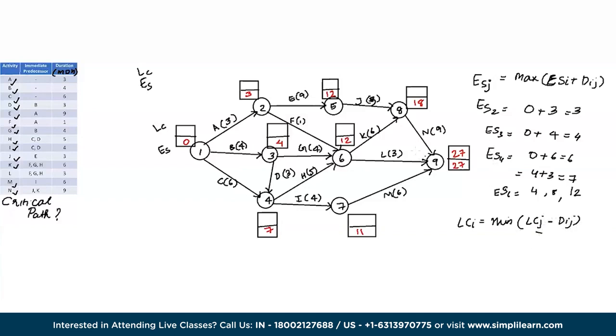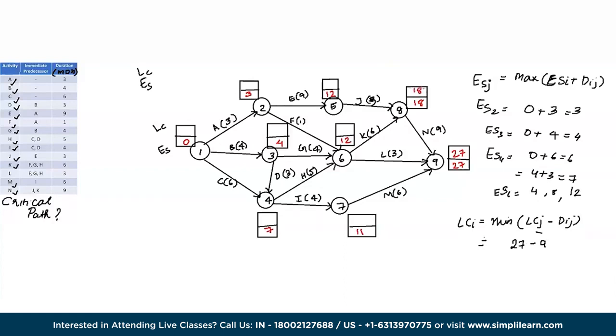Let's go to node number 8. So basically, when there are multiple connections shooting out of a particular node, we need to decide a number of different options. In this case, node 8 is directly connected to node 9. Basically, we can calculate the latest completion time for node 8 by using the formula directly, which is 27 minus 9, which will get 18.